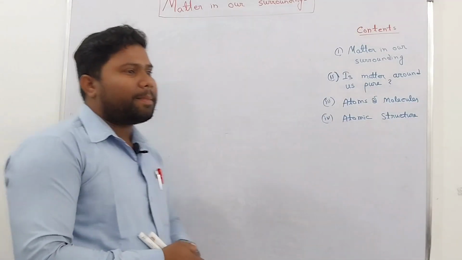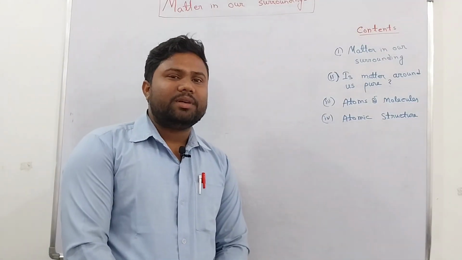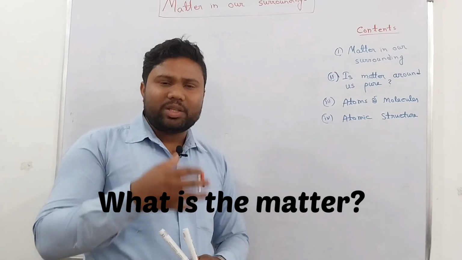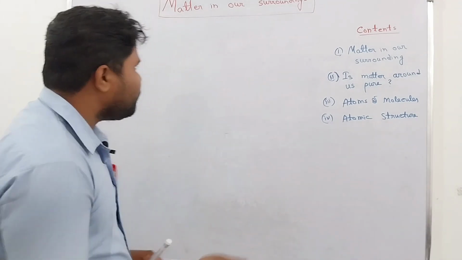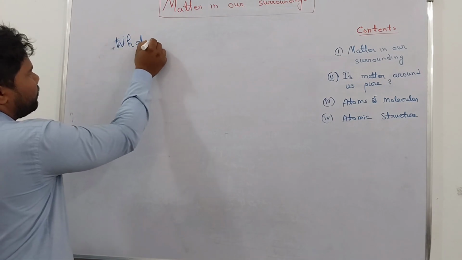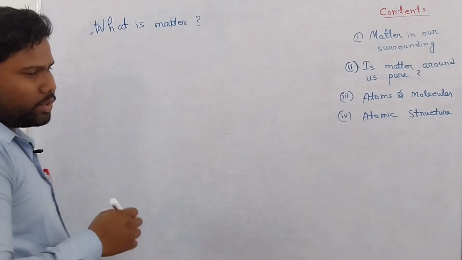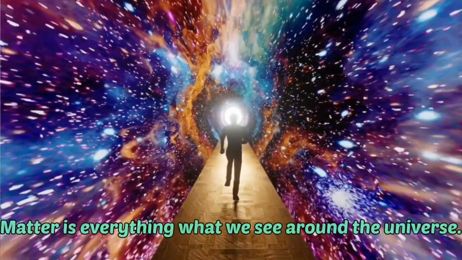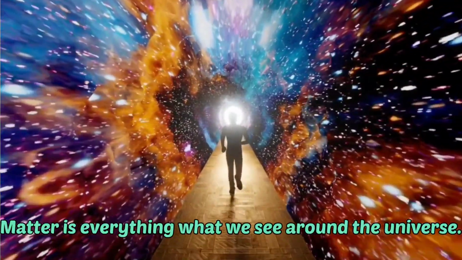First of all, to start the chapter we have to know what matter is and what the actual definition of matter is. What is matter? Matter is everything we see in the universe.